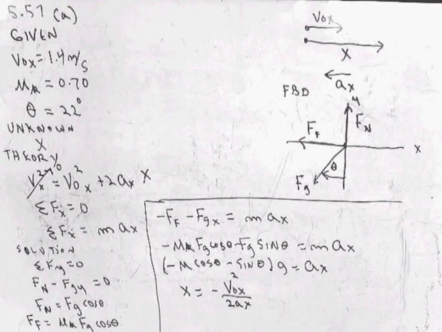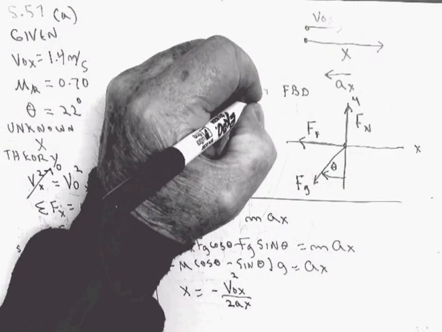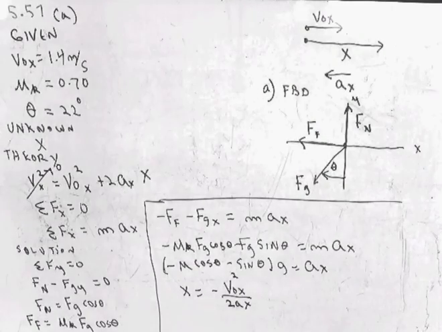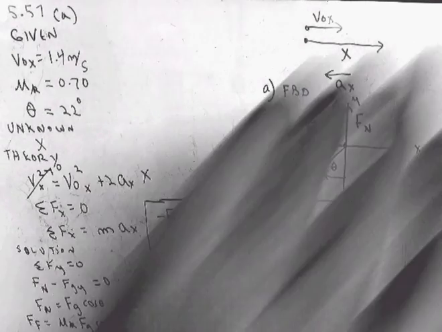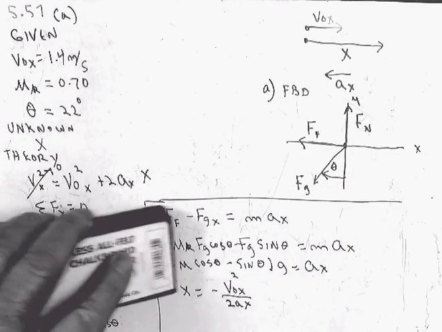So, so I don't have to rewrite everything, I'm simply going to redraw my free body diagram. This is the free body diagram for A. Now in this space right here, I'm going to do the B problem.